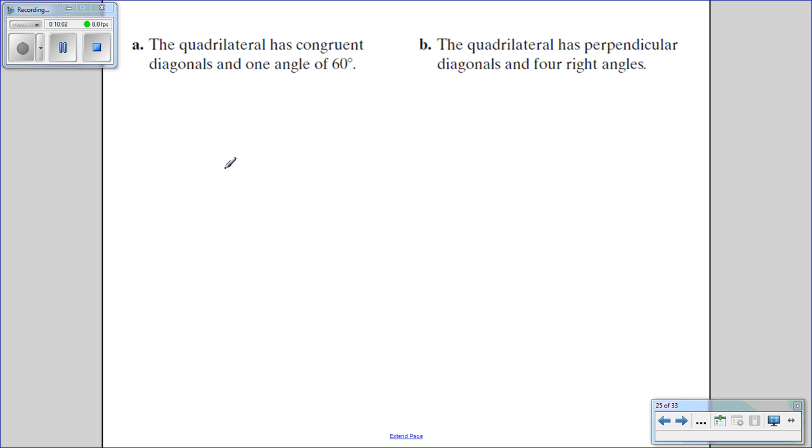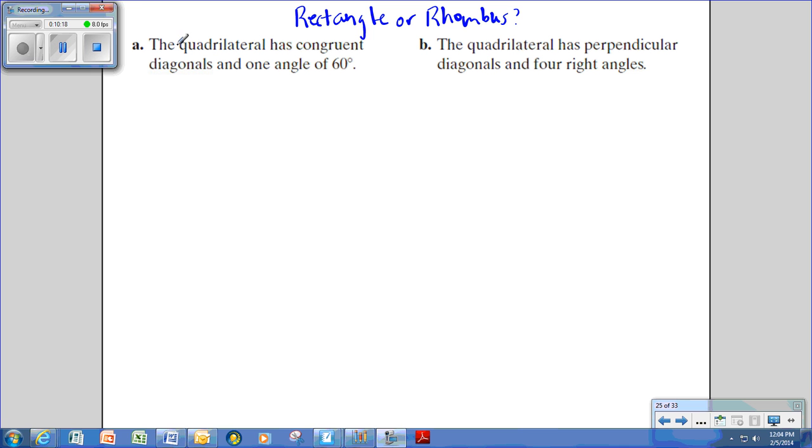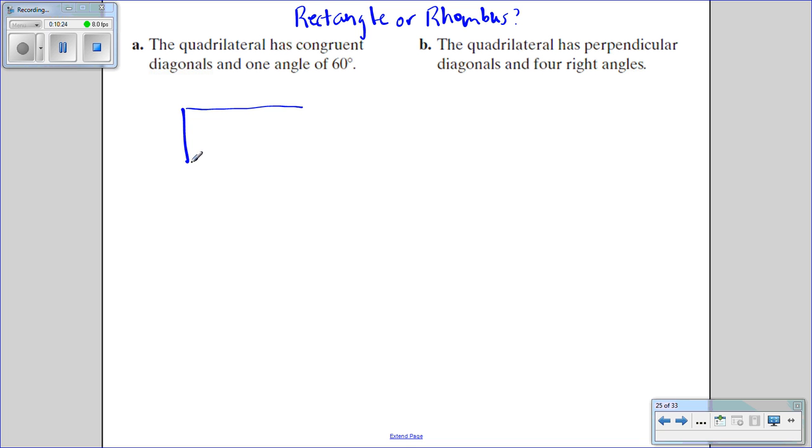All right, so here's a couple of examples. We're going to determine, is this a rectangle or rhombus? That's our question. So here we have example A. It says the quadrilateral. So let me draw a quadrilateral. I don't know if it's a rectangle. I'm just drawing a basic four-sided shape.